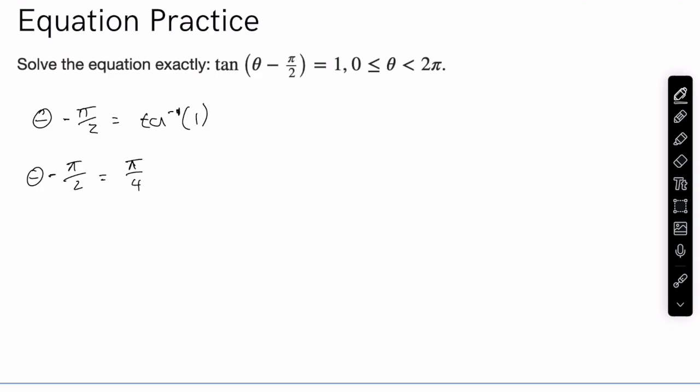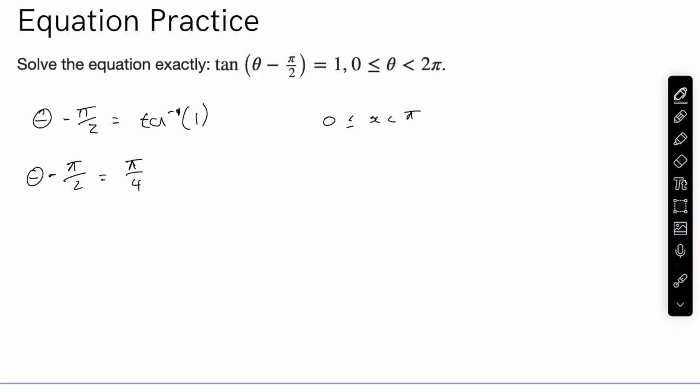And as a result, what can we say here? Well, we know that tan has a period of pi, between 0 and pi.